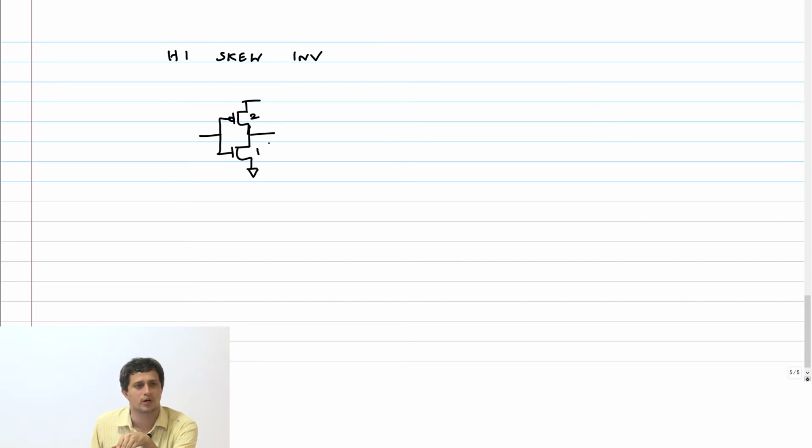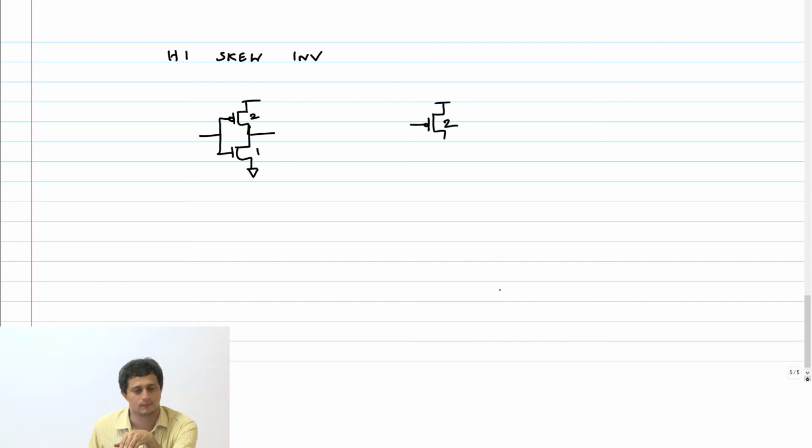I want to construct a high skew inverter, which means I want to favor the rising edge. Rising edge is determined by the PMOS. Therefore, I am going to leave the PMOS as it is, because that resistance is already R. I can't reduce that any further. Therefore, my high skew inverter will be like this.